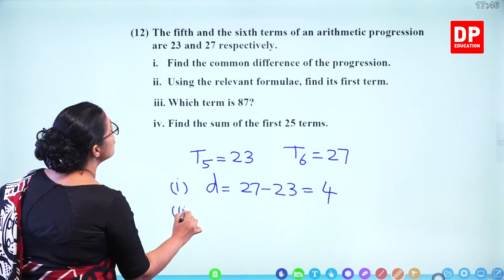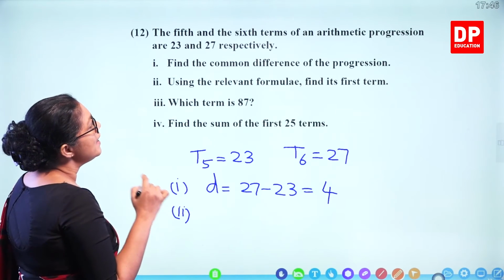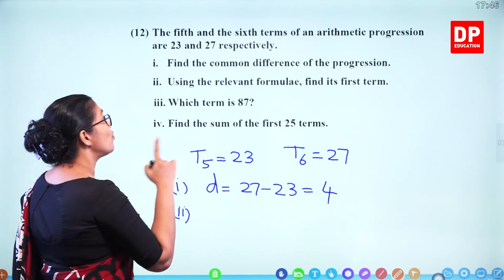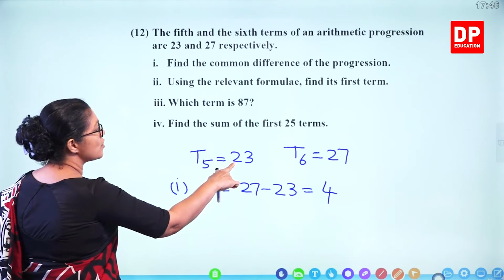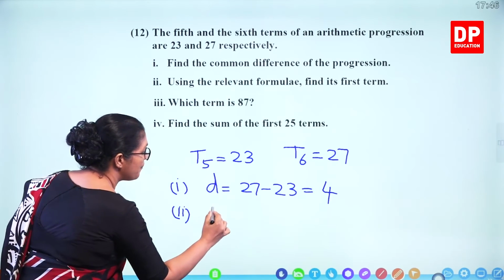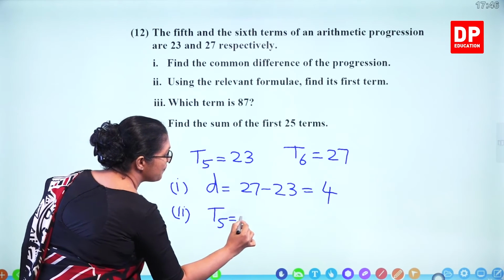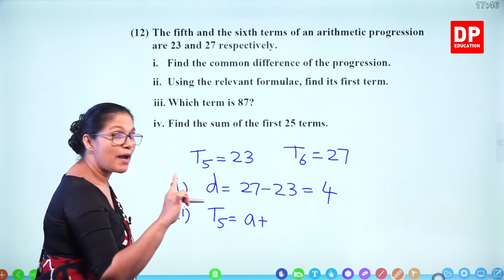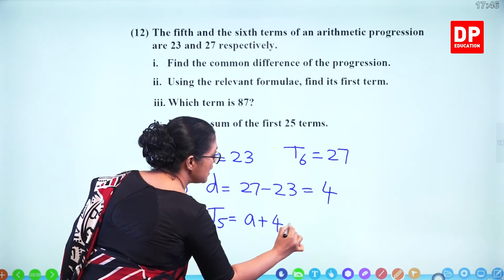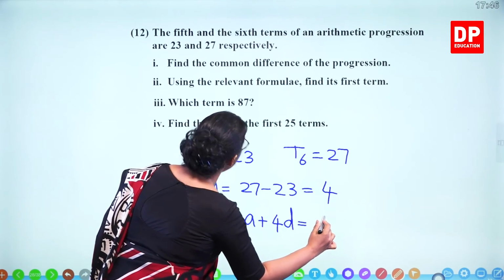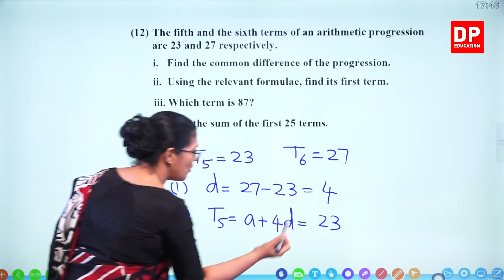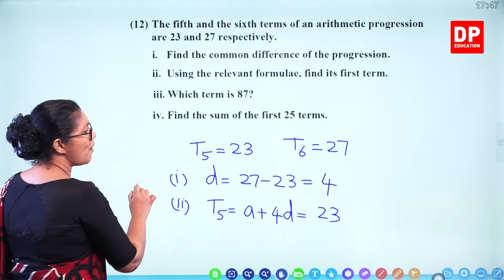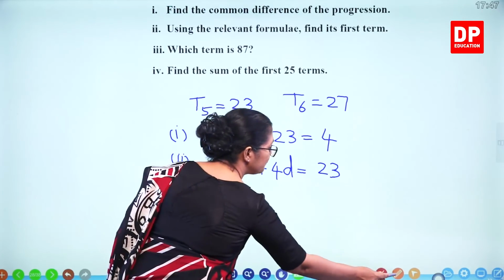Then using the relevant formulae, find its first term. So we can find it using the 5th term. How can you write the 5th term? a plus (5 minus 1)d, that's 4d, that's equal to 23. So you need only one equation because we found d equals 4.